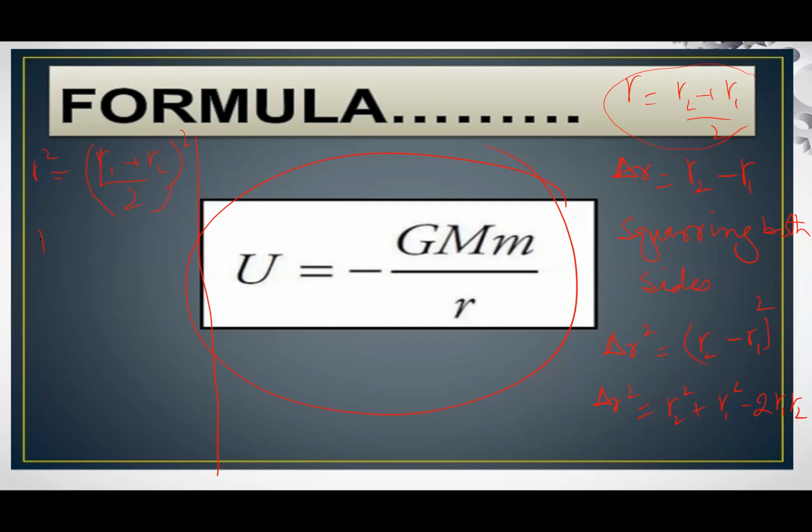Now take this equation and square it. R square is equal to R1 plus R2 whole square divided by 4, so R square is R1 square plus R2 square plus 2 R1 R2 divided by 4.